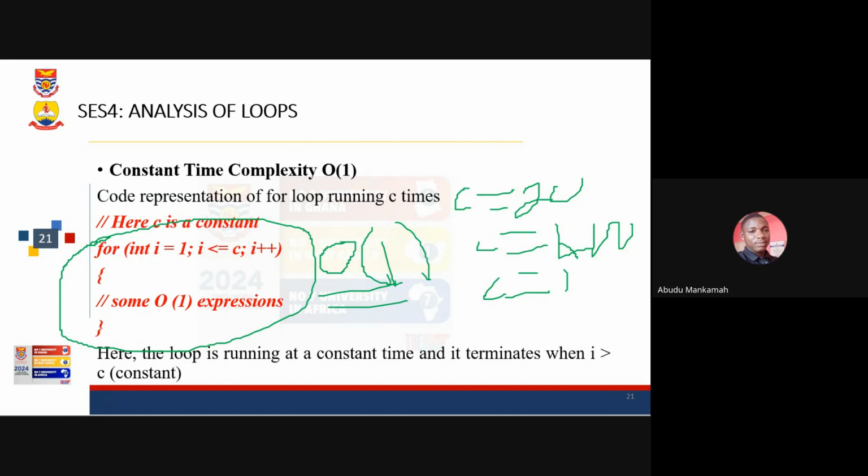Please, if I want to print 20 to a console, the 20 is the constant, right? Yes. It doesn't mean it is going to print only the 20, but since the 20 are scalar values or constant values, then the time complexity of that particular for loop we are talking about here is constant.